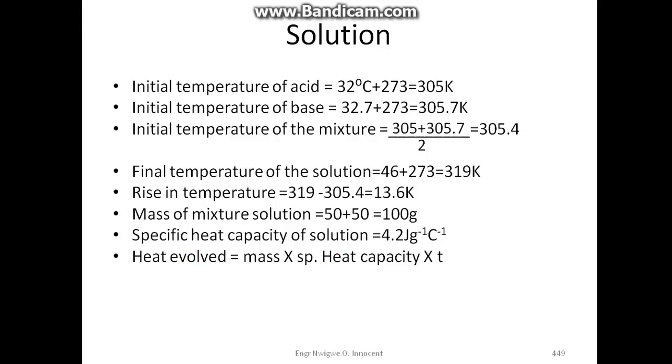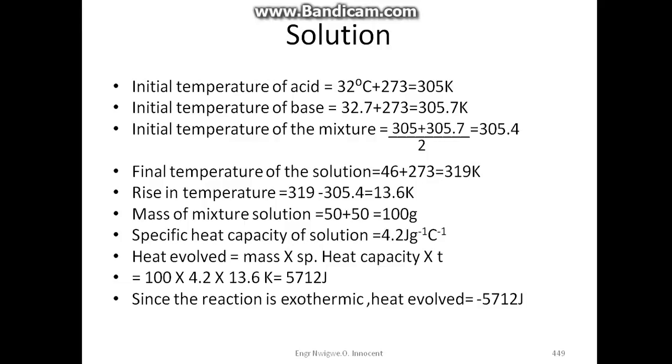Heat evolved is equal to mass times specific heat capacity times temperature rise, which is equal to 100 times 4.2 times 13.6 Kelvin to give 5,712 joule. Since the reaction is exothermic, heat evolved is minus 5,712 joules.